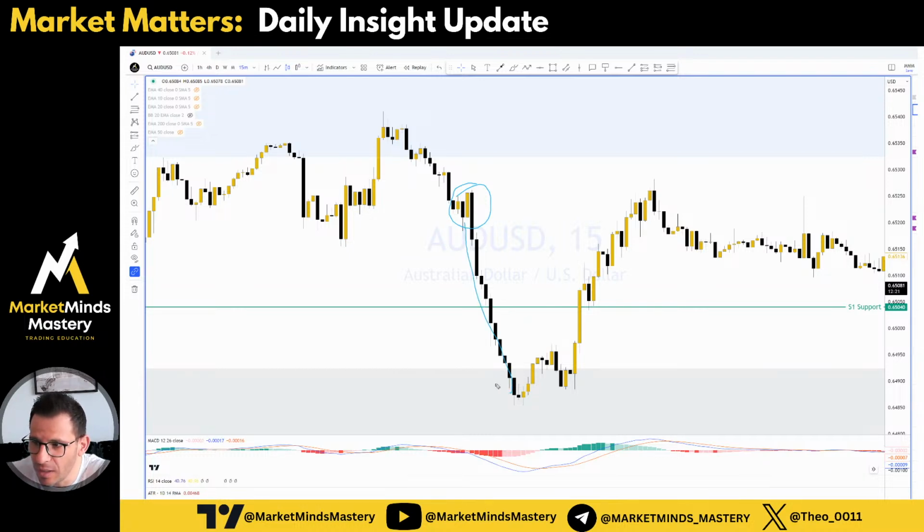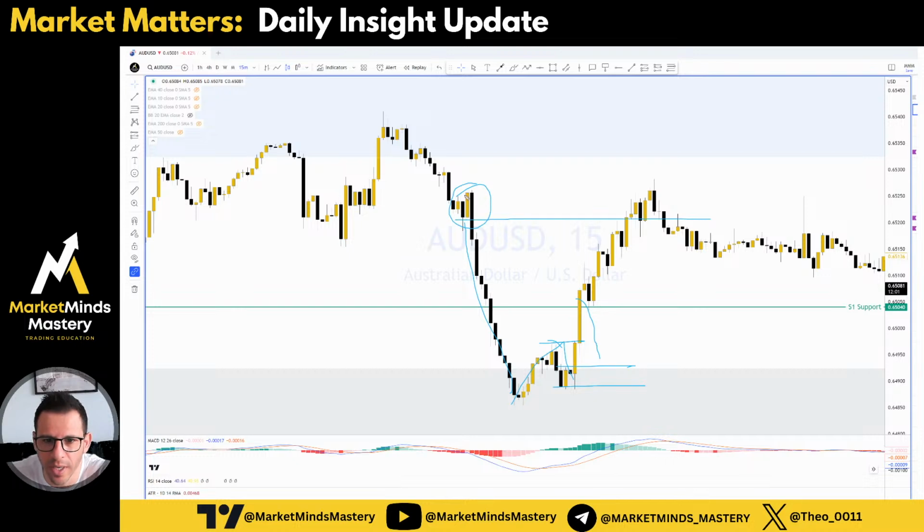It went all the way down. It made this non-failure swing, it changed direction, trend reversal, the break of this high here. But I was looking to enter at this point if the market corrected somewhere here, but it didn't.